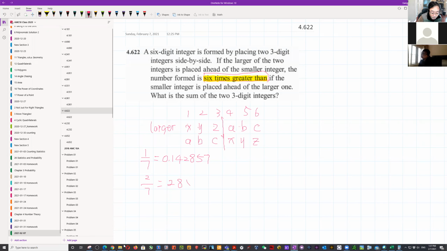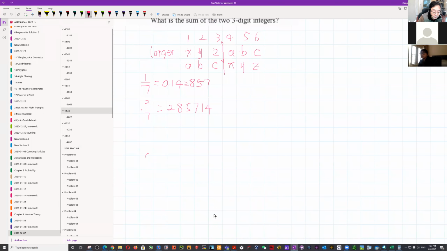This is 285714, and if you know the trick, 6/7 is equal to 0.857142, because when you multiply this by 6, it rotates into this one.